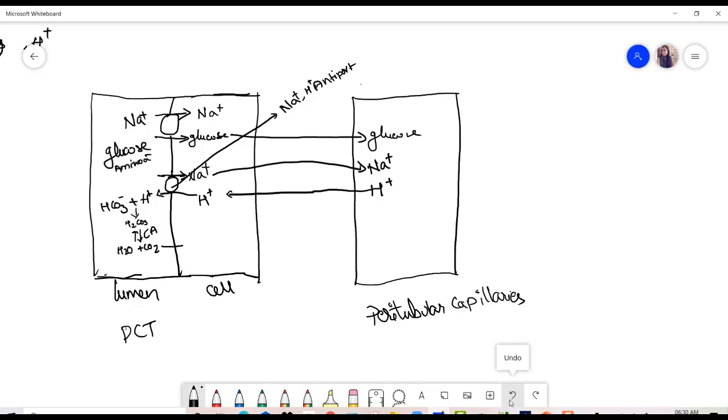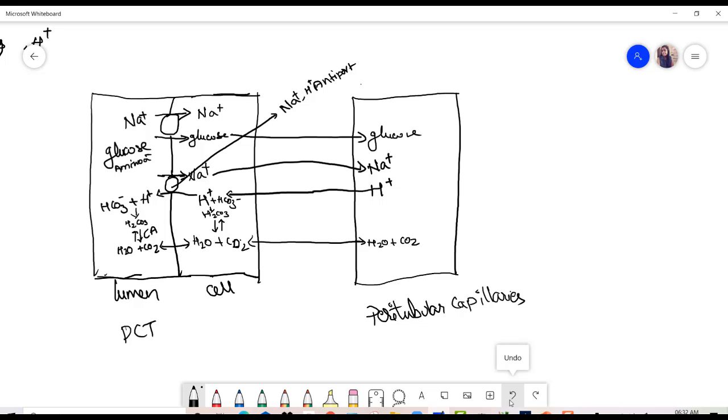Some of this CO2 is transferred from the lumen to the cell and back again. So the water and carbon dioxide won't stay in one position; they will be moving here and there.